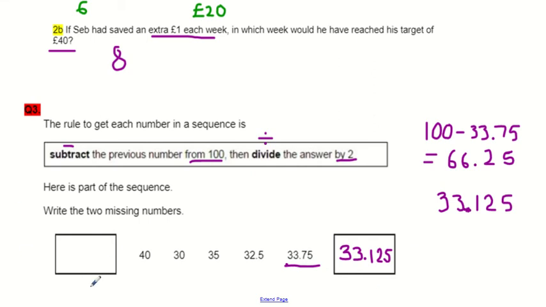But this time, this missing number, actually I don't know what the previous number was. I've only got the number in front of it, which tells me that I'm going to have to do the inverse to find this number. And if I'm doing the inverse, I work backwards. So the last step, the second thing we had to do was divide.